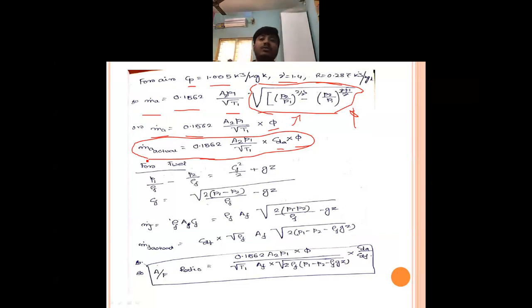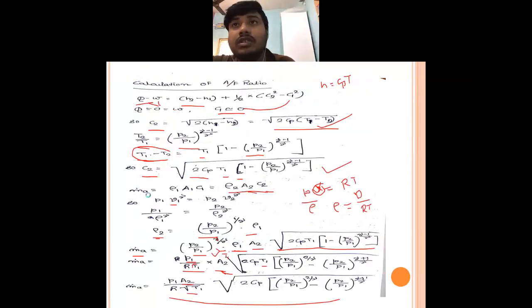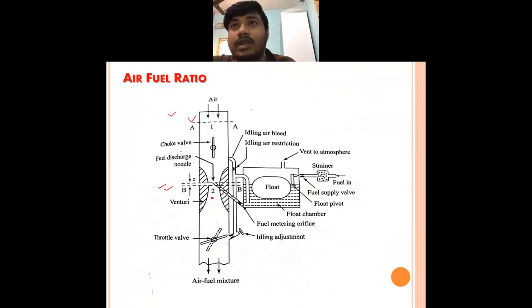So if we use Bernoulli's equation and we neglect the lower value terms, then this will come, because we will use this in terms of fuel, that is 2, and here it is 1, because this 1 is open to the atmosphere, since this vent is open to the atmosphere, so we will consider this 1 term as well as the fluid level also.